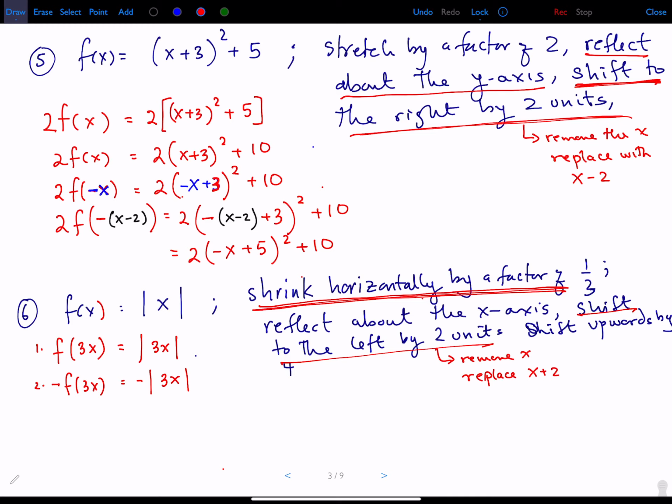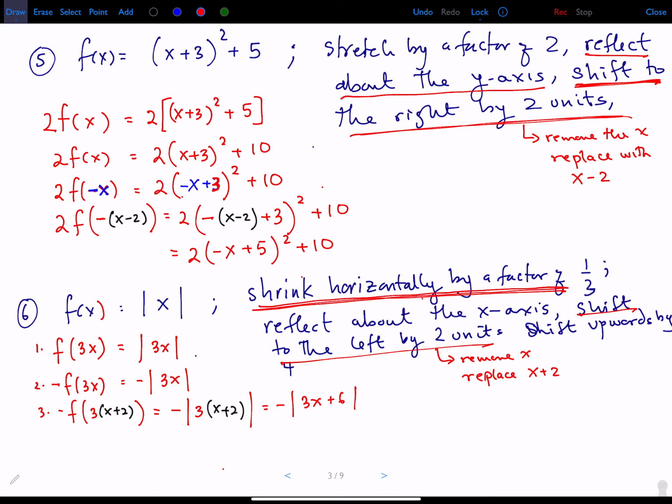So I'm going to end up with negative f of 3 times (x plus 2), meaning I have negative absolute value of 3 times (x plus 2), which is the same as negative absolute value of 3x plus 6.